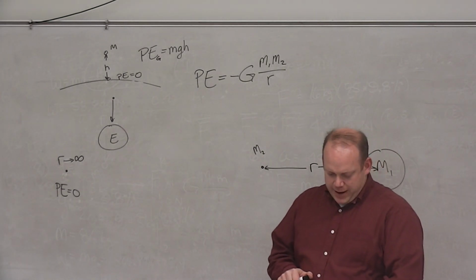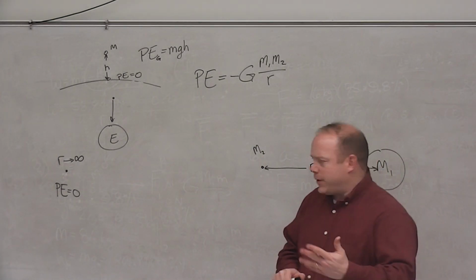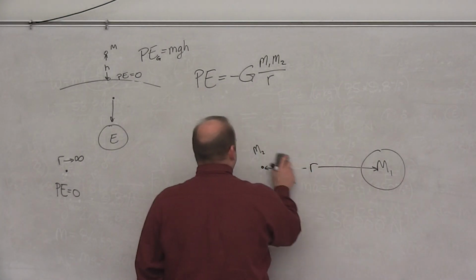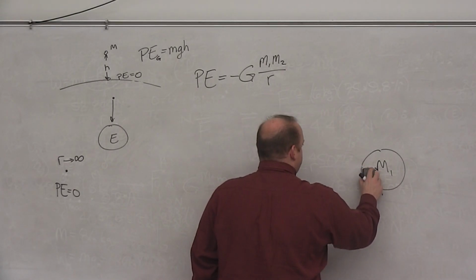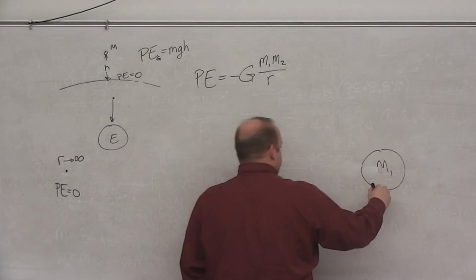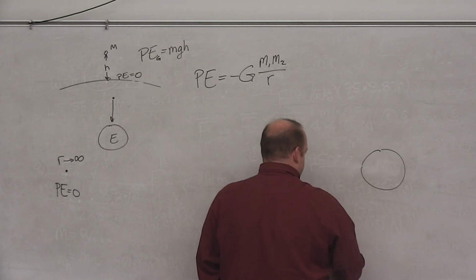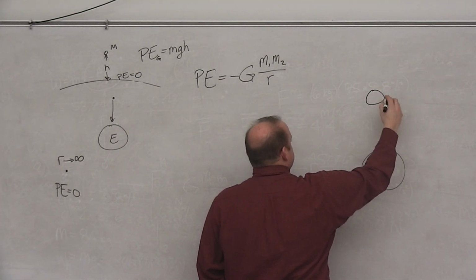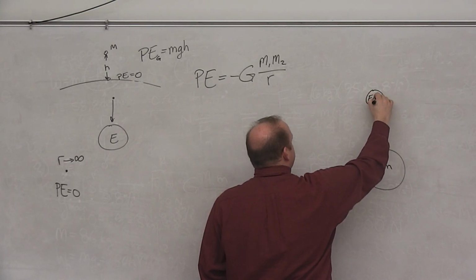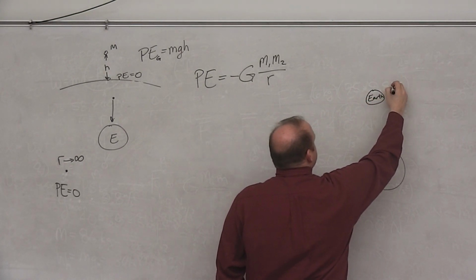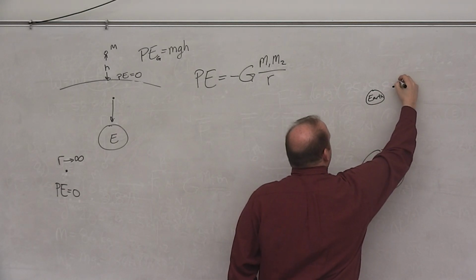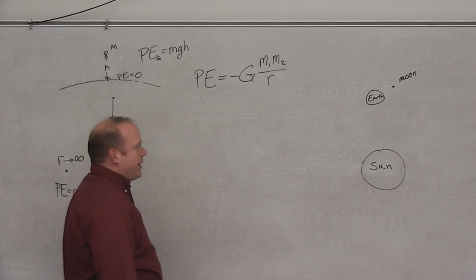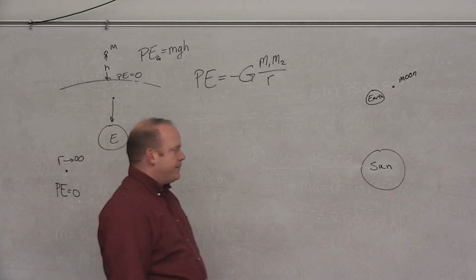But one thing that we want to talk about here is if we have multiple planets. So let's just say we take a look real quickly here. We're not going to come up with a number. Let's just say that we have the Sun, Earth, and the moon here, a three-body problem. Now, there's a lot of things that we can't figure out about a three-body problem, at least very easily, but potential energy doesn't have to be one of them.